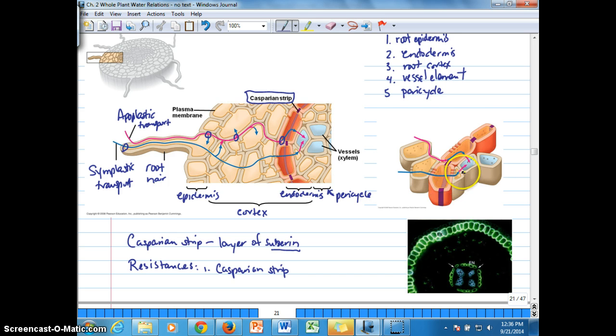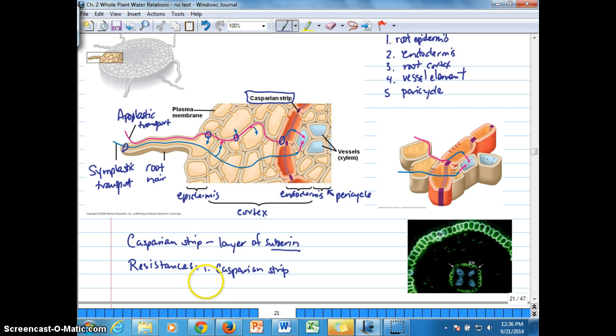Interestingly, the Casparian strip is also going to prevent water from moving in the opposite direction and also help maintain that higher solute concentration inside xylem, which maintains its lower water potential. Again, allowing water to move towards the xylem down the water potential gradient. So the Casparian strip is important in a couple of ways there, including keeping what's in the xylem there.